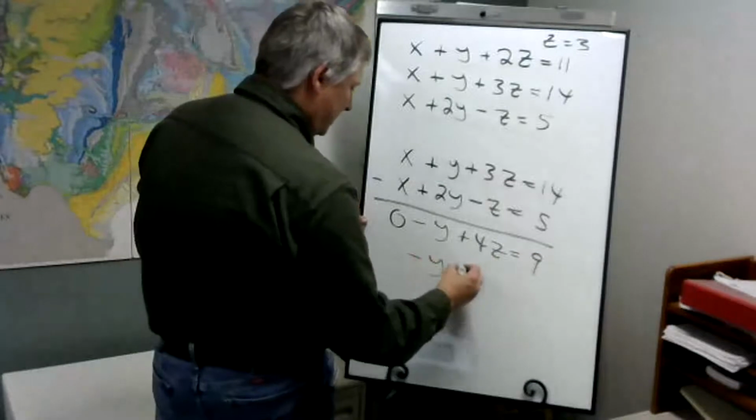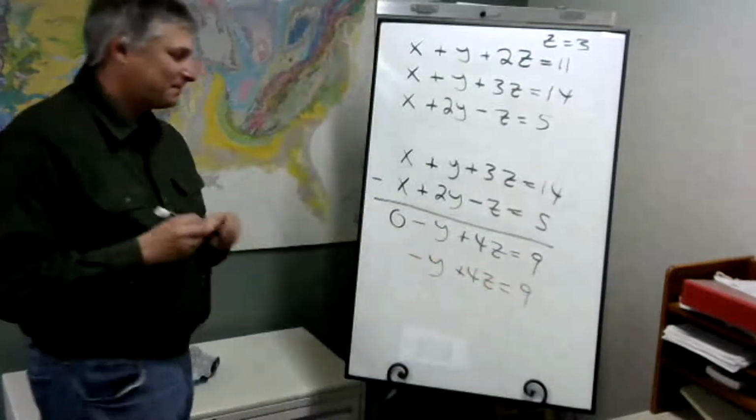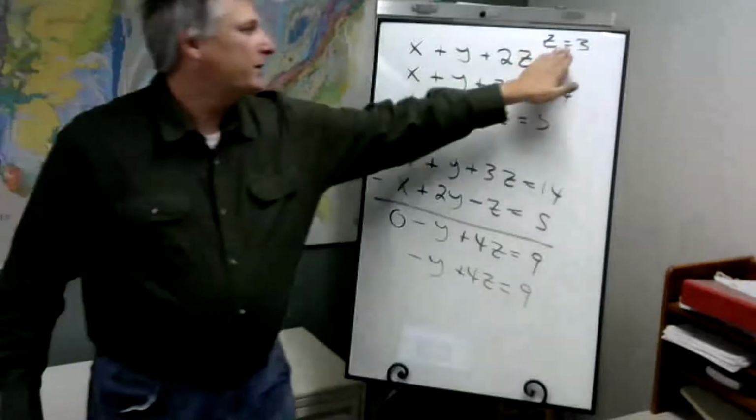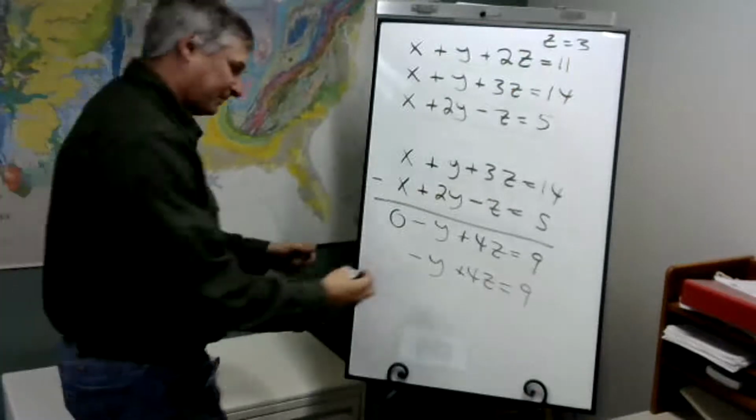So you get minus y plus 4z is equal to 9. Now we know what z is. So replace z with 3.